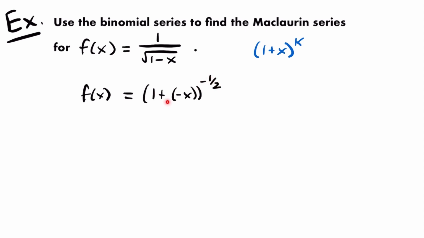And so this is in the form of (1 + x) to the power of k, which means that k is equal to -1/2. Now, based on those rules we were looking at earlier, we can already see what the interval of convergence will be for our resulting Maclaurin series, because the interval of convergence is based on the value of k.